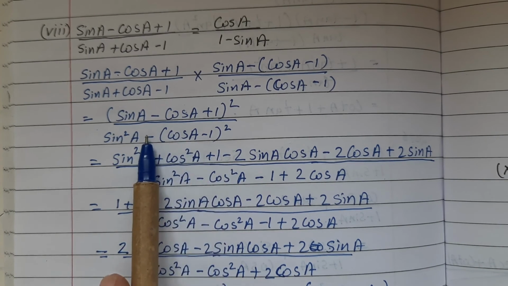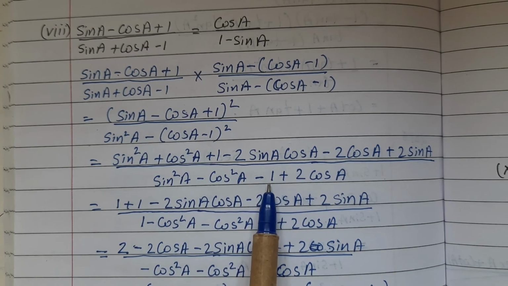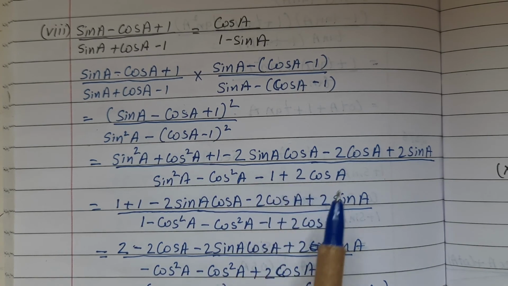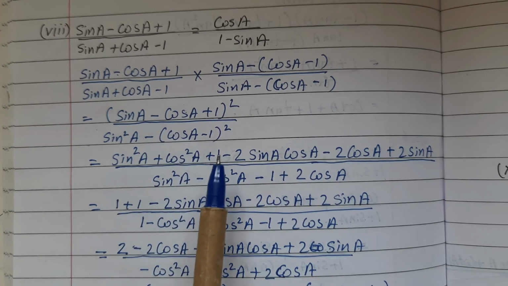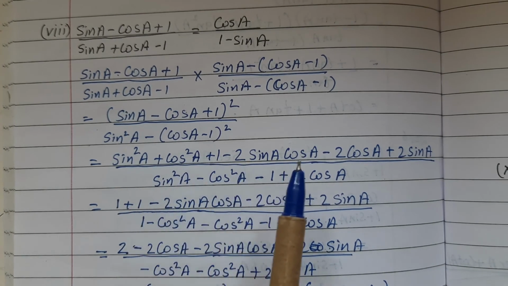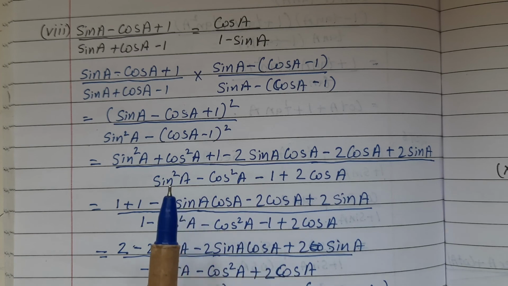And then multiply by minus, we get minus cos square a minus 1 plus 2 cos a. Sin square a plus cos square a is 1, plus 1, minus 2 sin a cos a minus 2 cos a plus 2 sin a, upon sin square a is 1 minus cos square a, minus cos square a minus 1 plus 2 cos a.